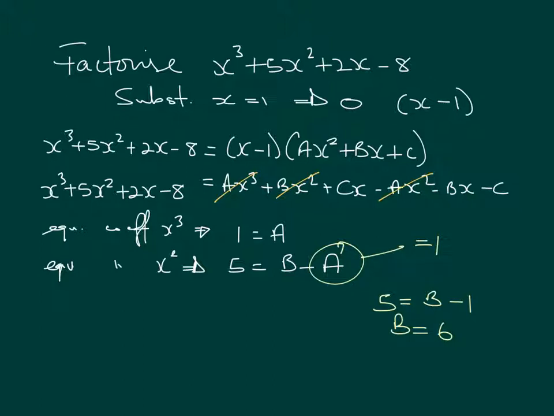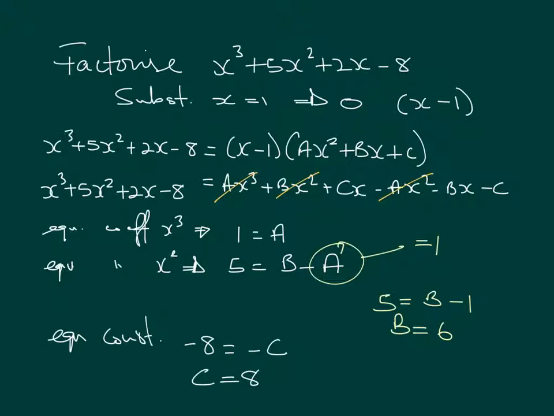Okay, lovely. And last of all, because I've only got that constant on the end here, which corresponds with that, when I equate constants, I will get minus 8 is equal to minus c. Get rid of your minuses, so c is equal to 8.